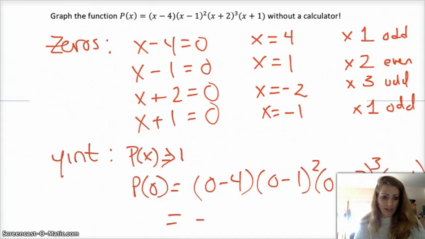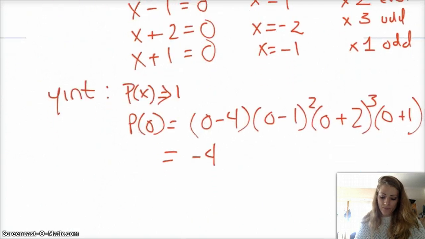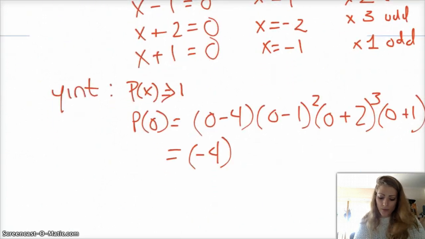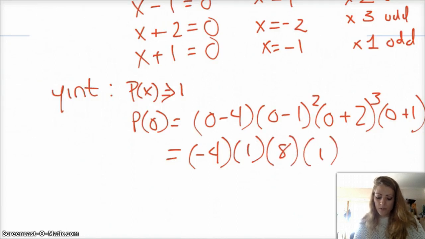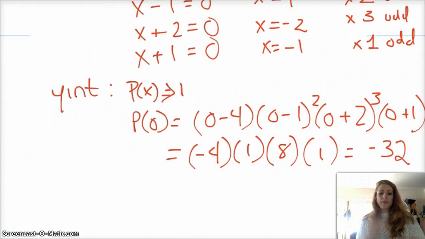Multiply that all out. I've got negative 4 times negative 1 squared, which is 1, times 2 to the third, which is 8, times positive 1, which is 1. So I've got negative 4 times 8, negative 32. Okay. All right, so I've got my x-intercepts, I have my y-intercept, so that's a good chunk of information.